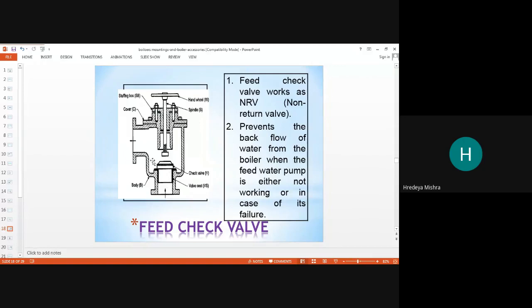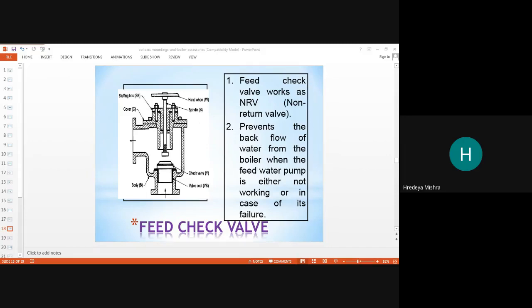See the supply, and this is the way I show you. See, this is the area where water enters. The water enters this way. When water enters, this valve goes up, and water easily fills the boiler.